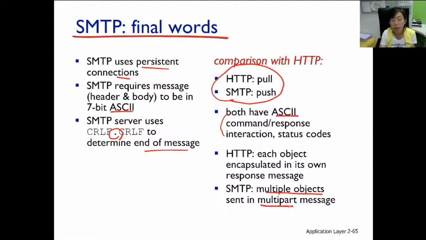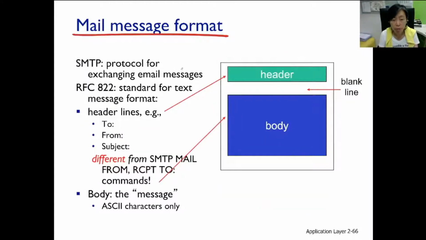So for emails that come with an attachment, like a big PDF file, after the original text at the beginning, with additional attachments, they can be sent as a multi-part message. So multiple objects in one message versus HTTP: one object, one message.